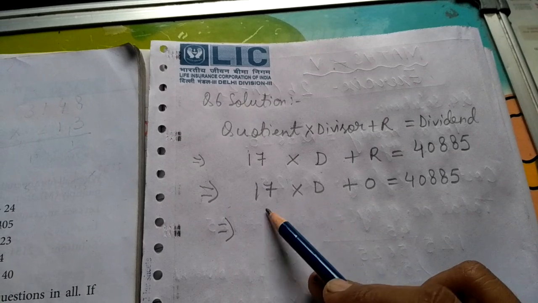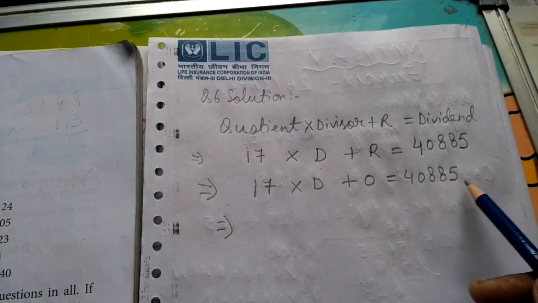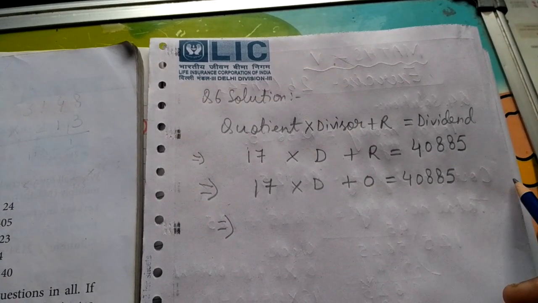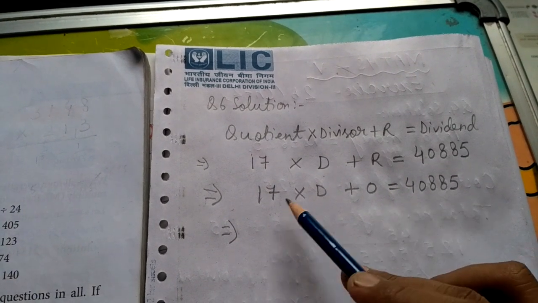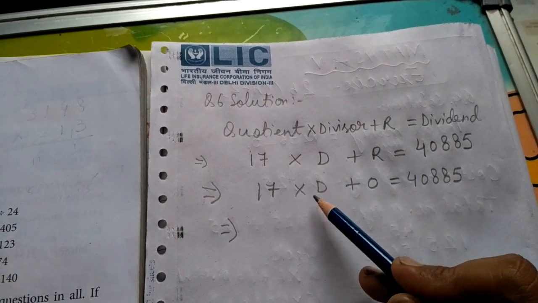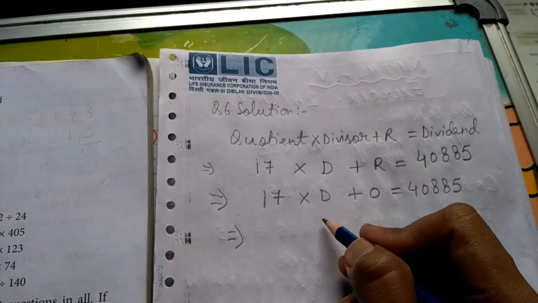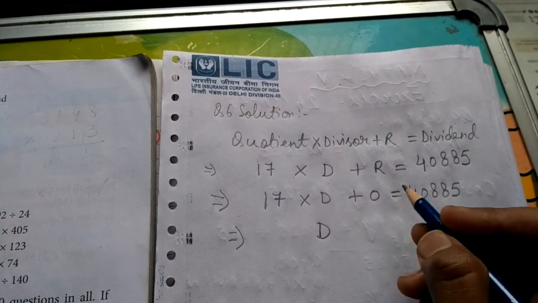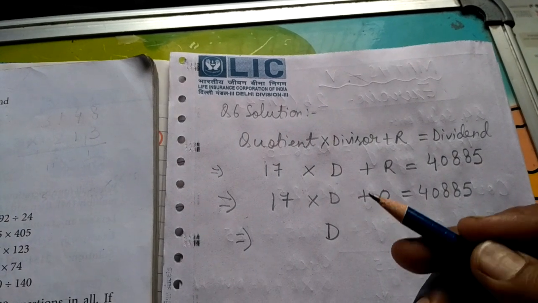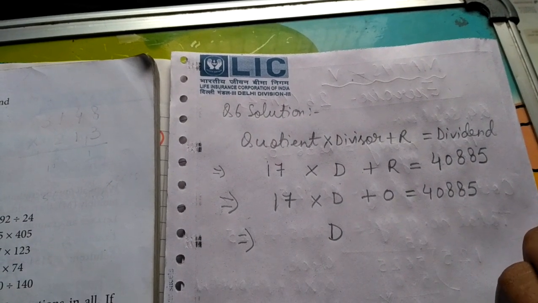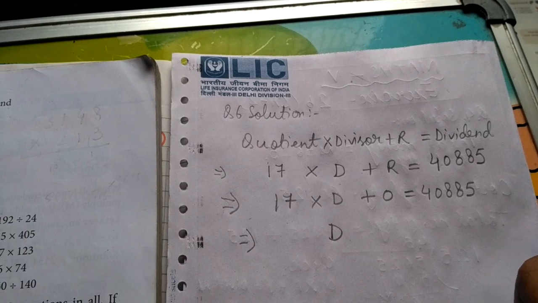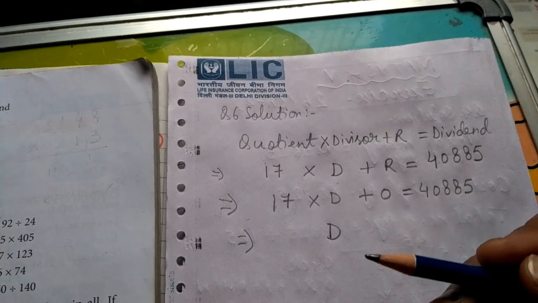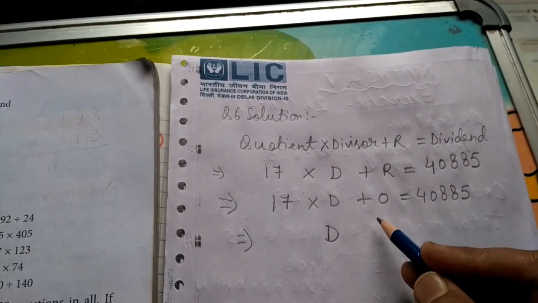In short, we call it LHS and RHS. Now we have to find out this divisor. No need to write this 0, because when we studied the addition fact, if 0 is added to any number, the result is the number itself, so we can avoid it.